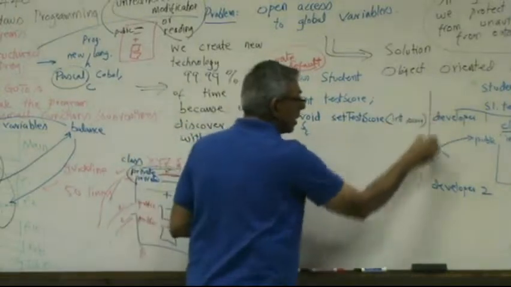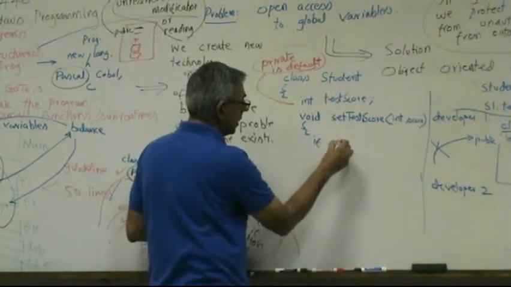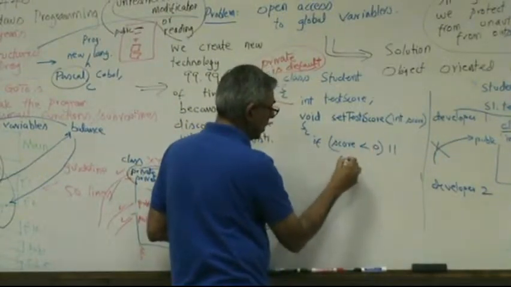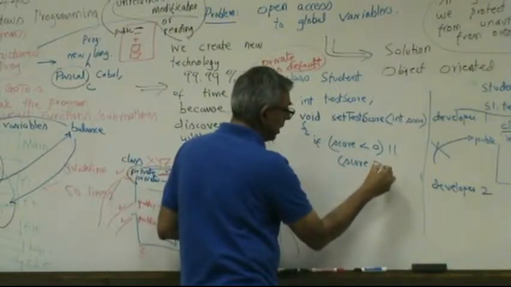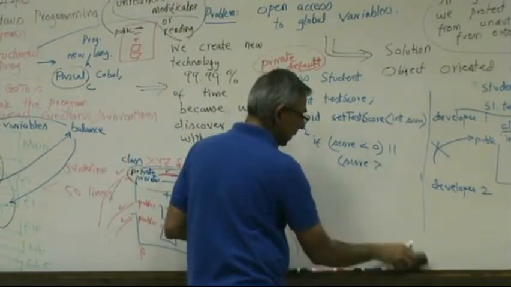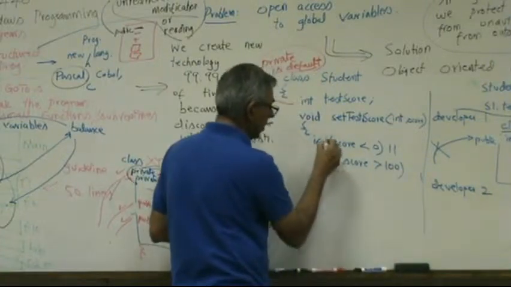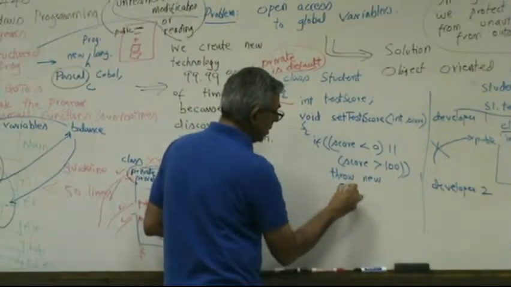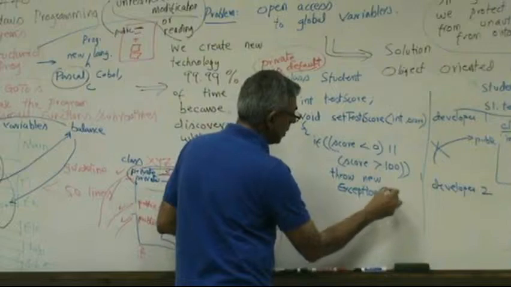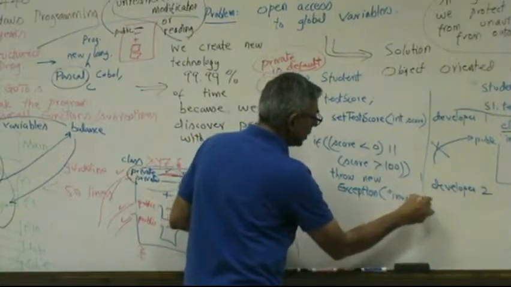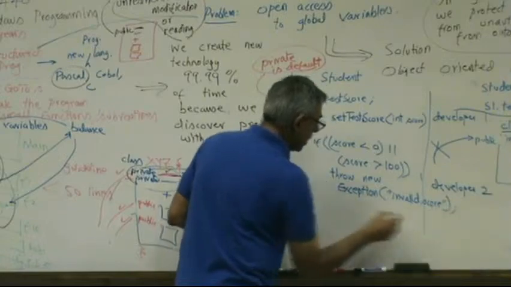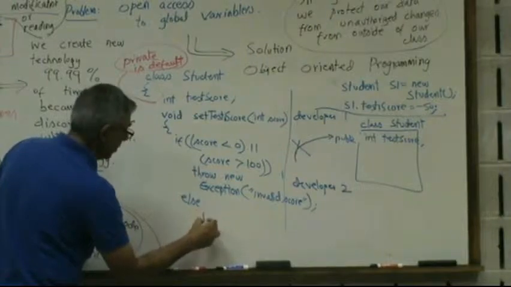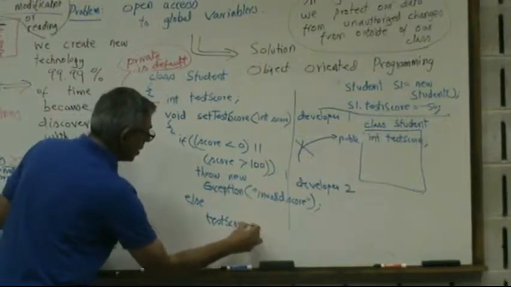Then you will write if score is less than 0 or score is greater than 100, then throw new exception, invalid score, else test score equal to score.